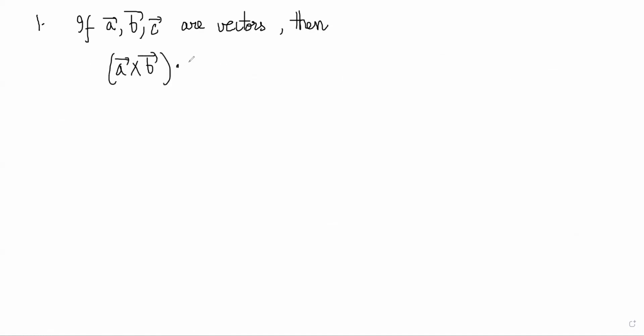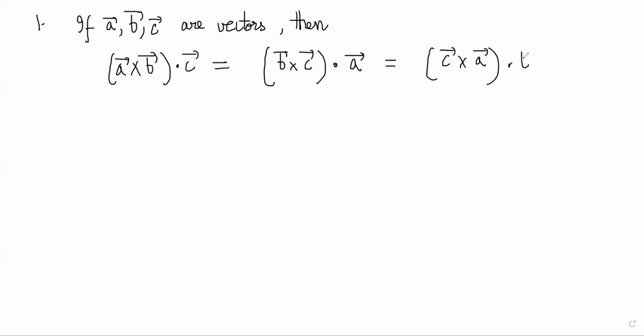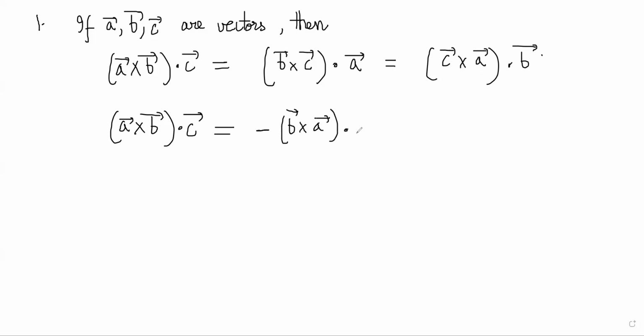So A cross B dot C will be equal to B cross C dot A will be equal to C cross A dot B. But if you tamper with the order, A cross B dot C will be negative of B cross A dot C. So these results are easy to prove. You can take any three arbitrary vectors and prove that these things will be same.